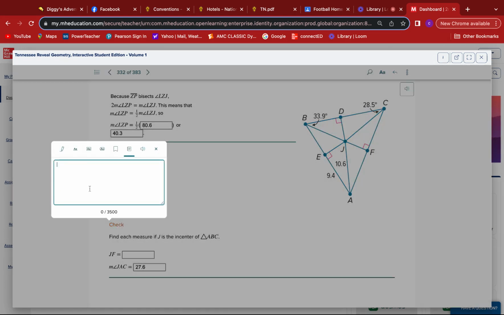So let me pull this back up. I'm going to get rid of all of this so my visual people can follow me. So A squared plus B squared equals C squared, but I don't have JF, so I'm going to leave that as A squared. Then I'm going to add it to the 9.4 squared, and that's going to equal my hypotenuse, 10.6 squared.